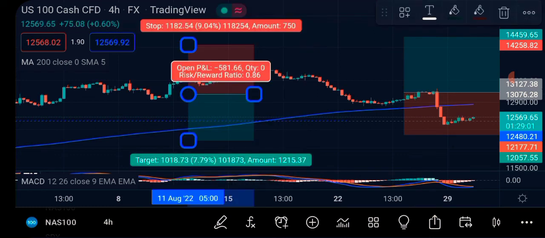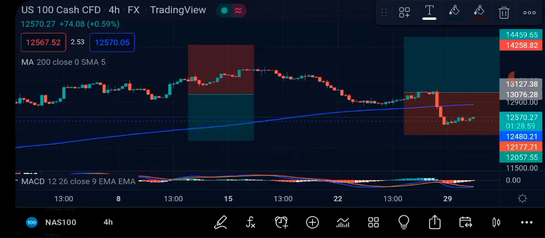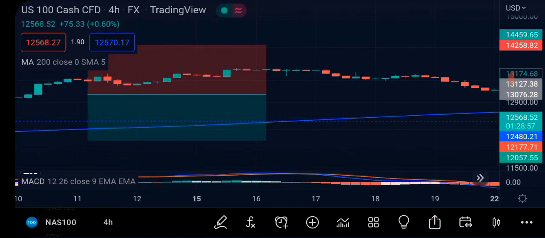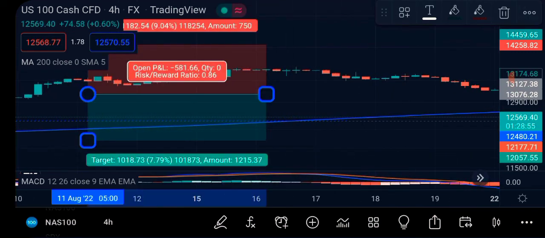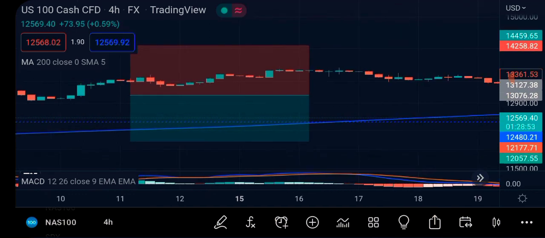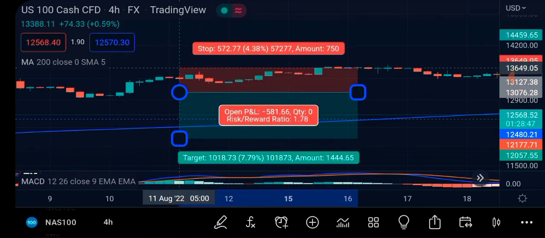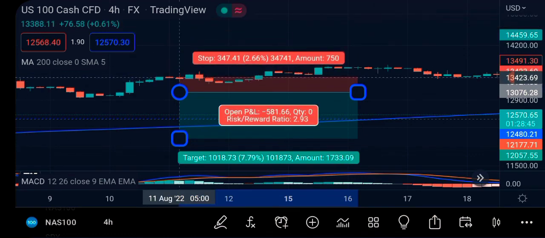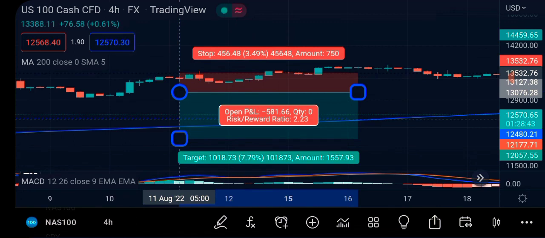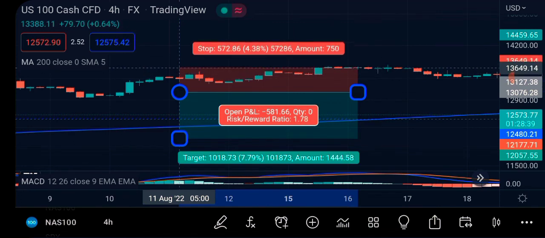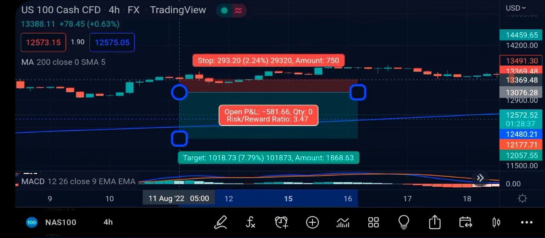I'm not applying it to anything, so don't copy this. I just want to show you how to do risk to reward ratio. If you move this, you can see the risk to reward ratio changing.